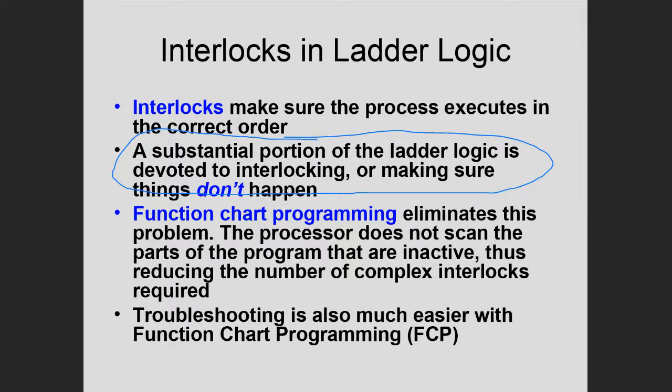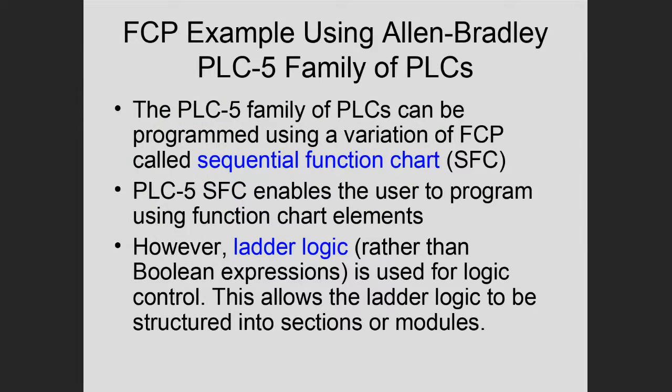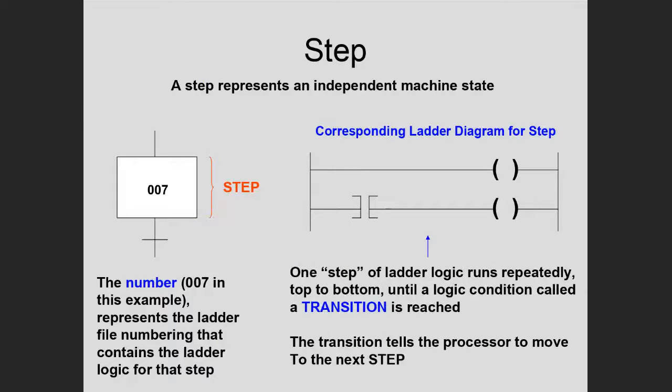But let's take a look at a generic function chart program. How would it look? What's it composed of? Basically, function chart programming consists of pieces. The simplest piece you can have is a step and a transition. A step is one piece, and a transition is another piece.